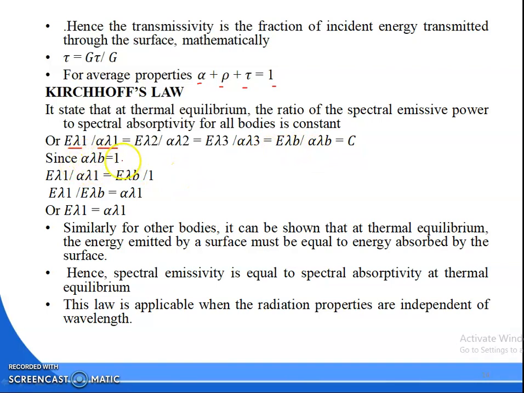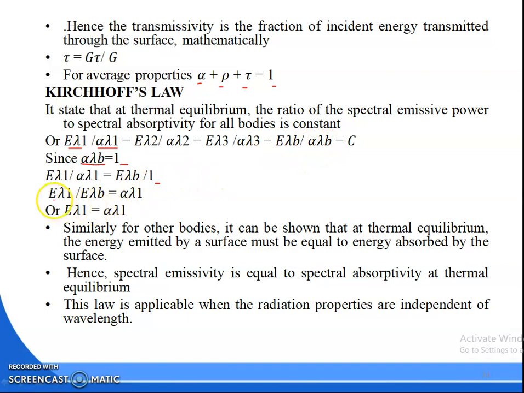What is the absorptivity of a black surface at all wavelengths? It is equal to 1. So E_lambda1 by alpha_lambda1 is equal to E_lambda_b by alpha_lambda_b, and alpha_lambda_b is equal to 1.